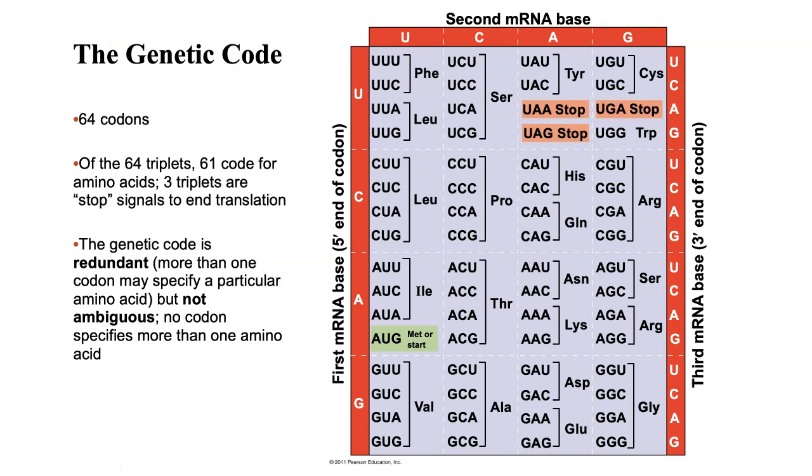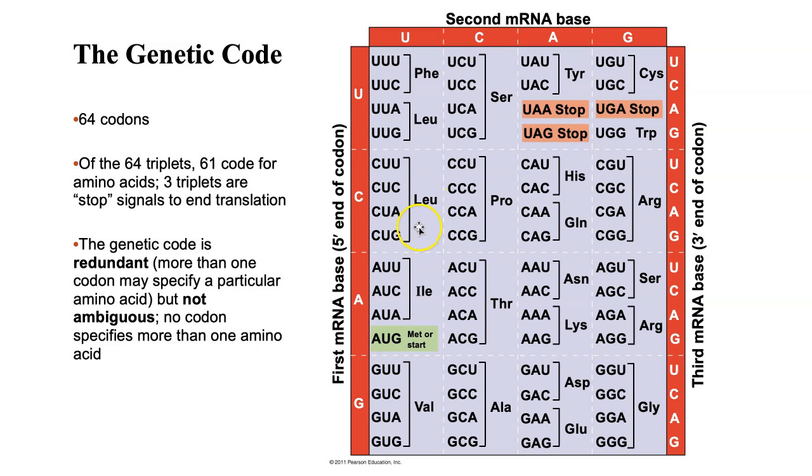Now there's a couple important things to note about the genetic code. Number one, again, there are 64 possible codons. But when you look at this chart, you'll notice that multiple codons can code for the same amino acid. For example, UUU and UUC both code for the same amino acid, phenylalanine, PHE.